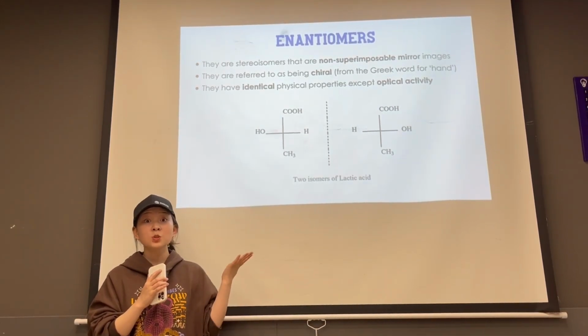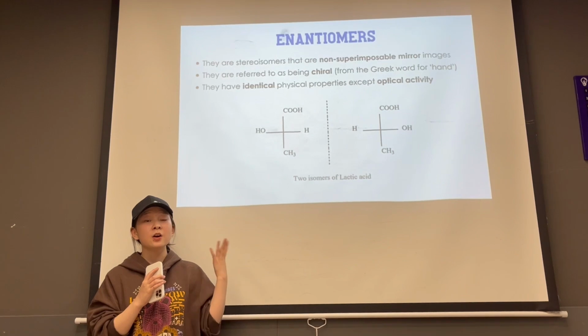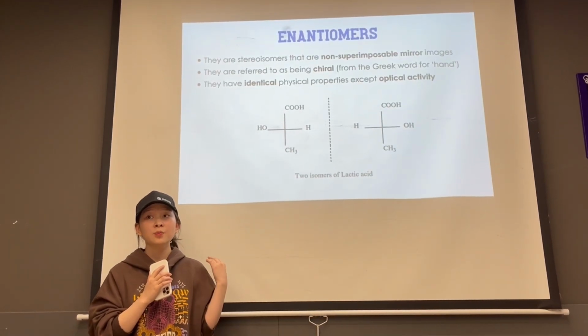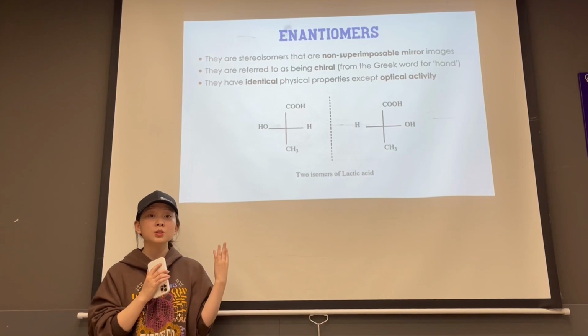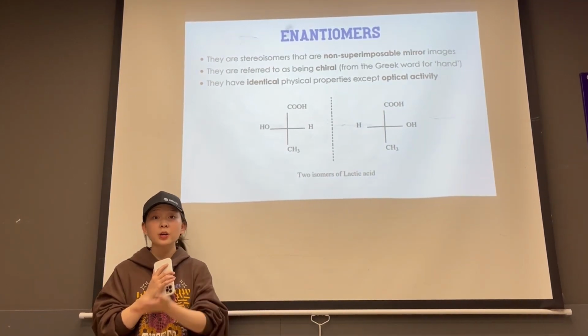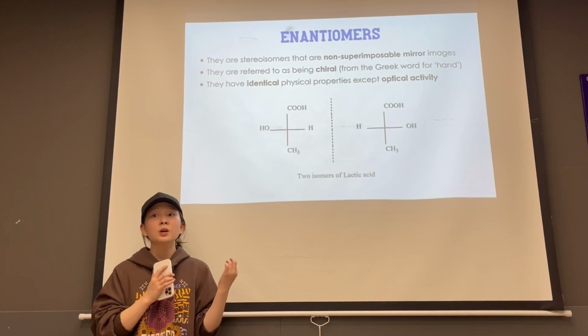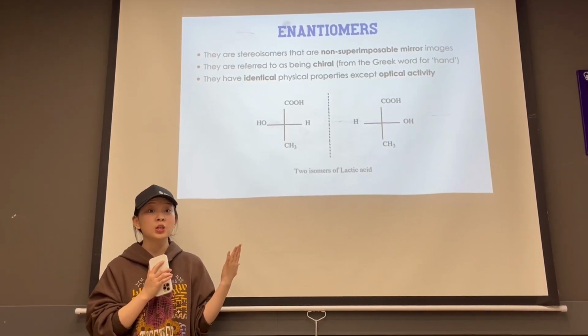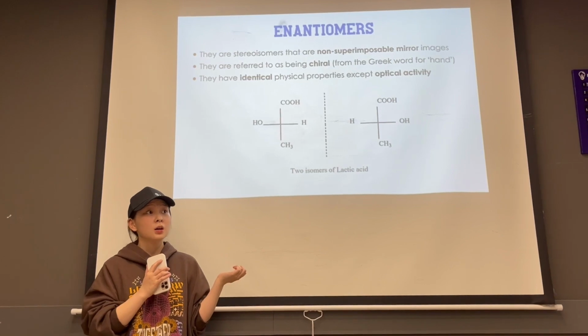What makes enantiomers is that they have chiral centers. Those are usually the central carbon atom that is bonded to 4 different groups. The spatial arrangement of those 4 groups determines the handedness of the enantiomer, which is chirality.